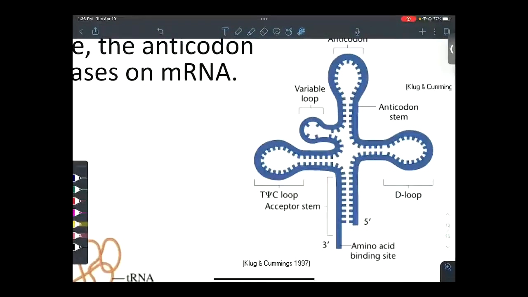This is the folding that you would see in transfer RNA, and each of these little ticks, like you see on a zipper, is a certain nitrogenous base. So just know that tRNA is known as the clover leaf shape RNA because when you splay it out like this, it looks like a clover.